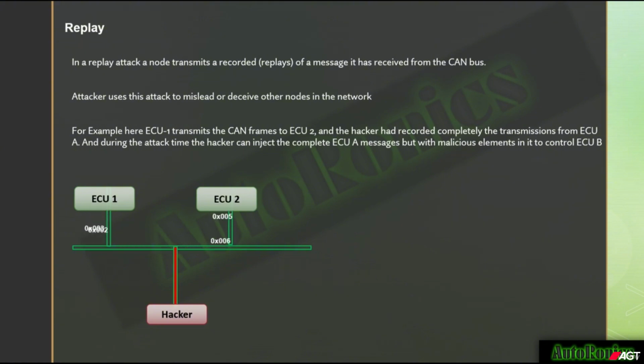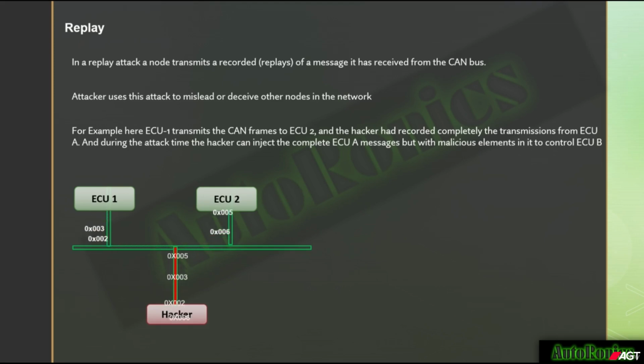But now let's say the hacker had hacked the bus, and through some tools he is able to capture all the data. Let's say from starting point A to point B, which is some 20 kilometers, the vehicle had driven, and he had captured all these 20 kilometers of values from ECU1.